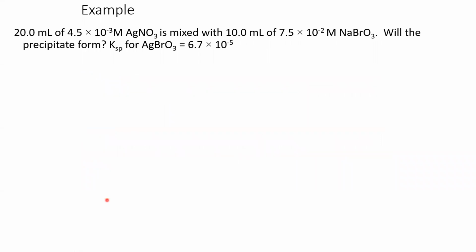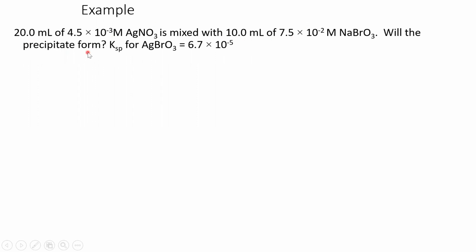So let's look at an example. We're going to mix two solutions together in this question. We've got 20 milliliters of 4.5 times 10 to the minus 3 molar silver nitrate. And we're going to mix it with 10 milliliters of 7.5 times 10 to the minus 2 molar sodium bromate.